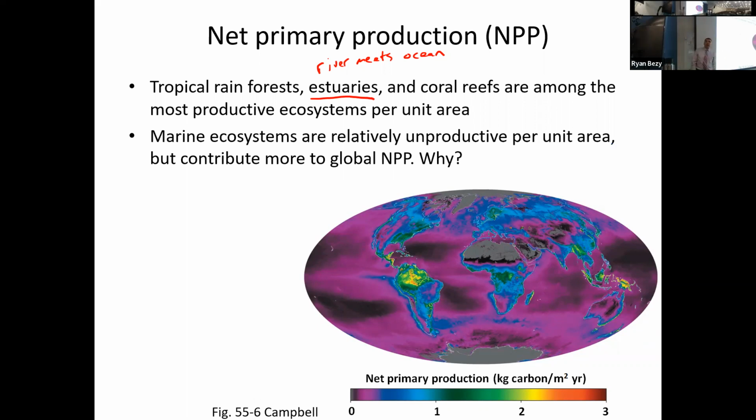That being said, marine ecosystems, just the open ocean, are relatively unproductive per area, but they contribute more to the global net primary production. Why? If they don't have a lot of production per area, why are they going to be more net primary production on a global scale?